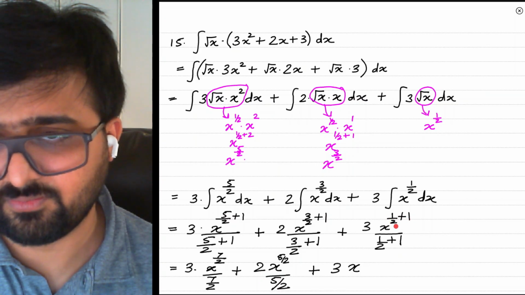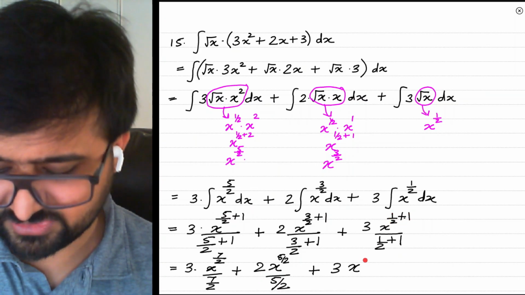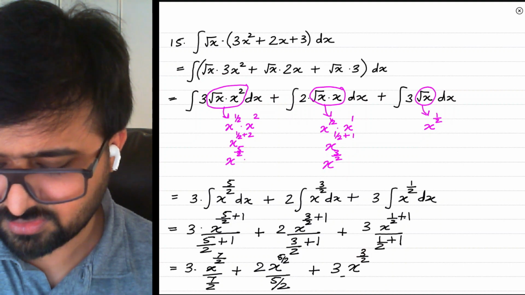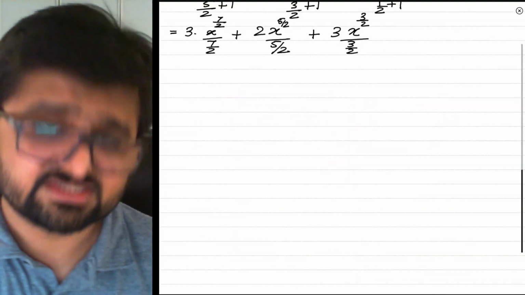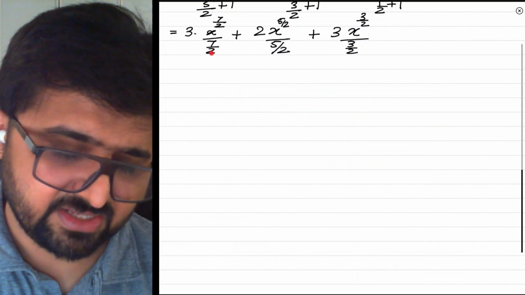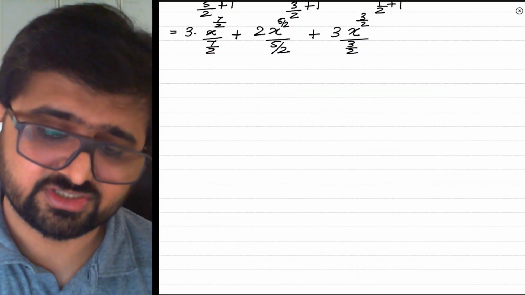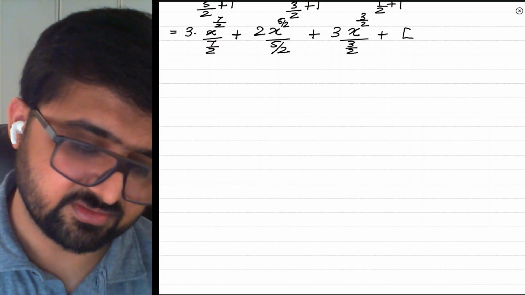So 1 plus 2 divided by 2, which is 3 by 2 over 3 by 2. Now let's simplify a little bit. Also add the constant of integration c here.